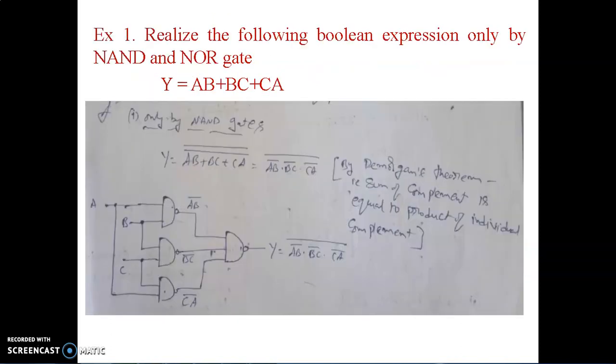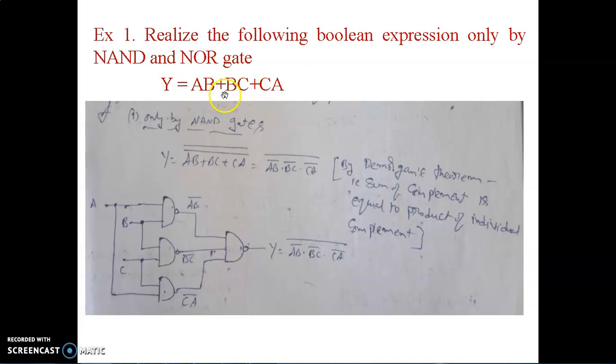sign. For example, consider a Boolean equation Y is equal to AB plus BC plus CA. A, B and C are the variables. Y is the output. So in order to implement this given Boolean equation only by using NAND gate, it should not contain plus sign.